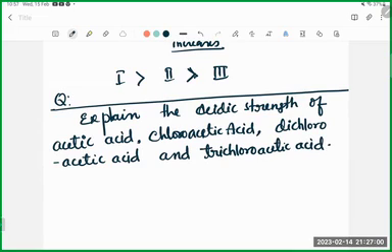Clear, Hridaya, by the name? Yes. Okay, let me draw the structure.